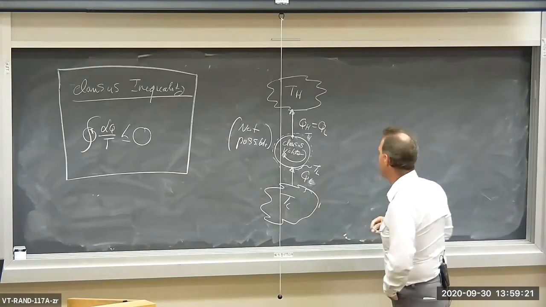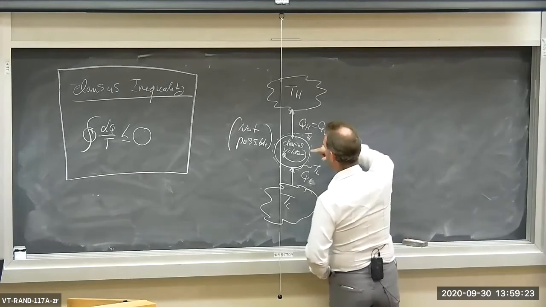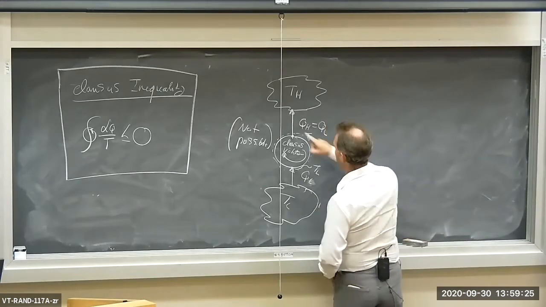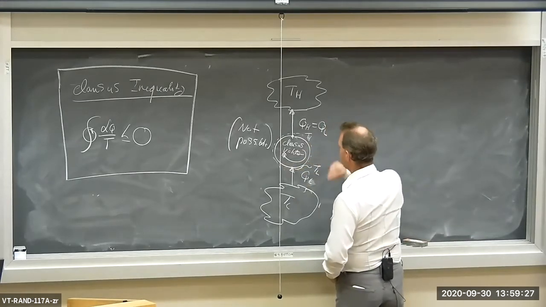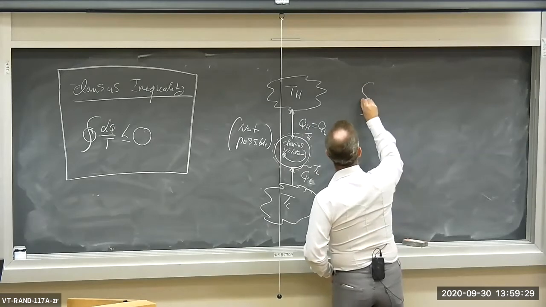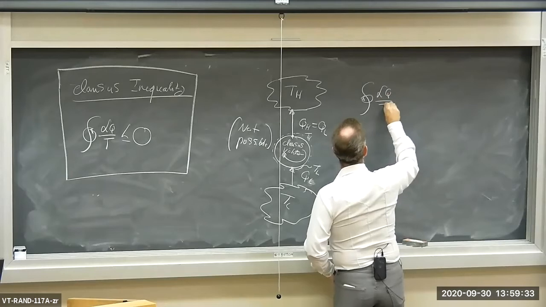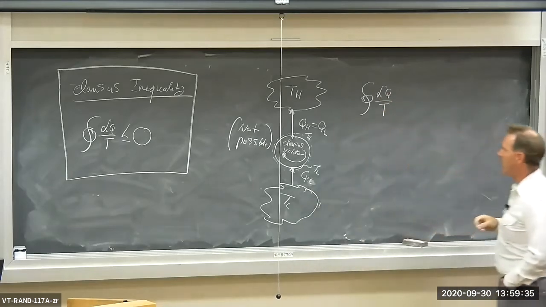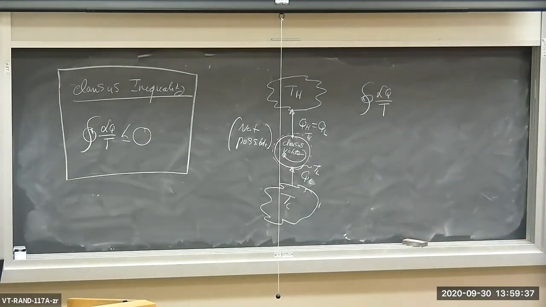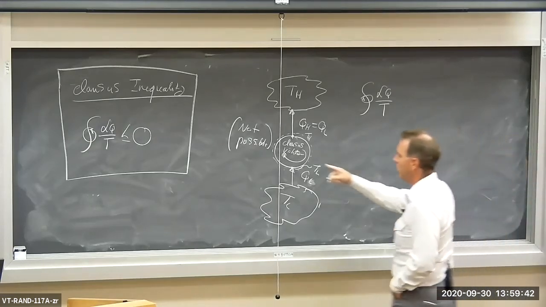So let us evaluate this integral for this device, the Clausius inequality, for the Clausius Violator. So the cyclic integral evaluated, integrating the differential heat transfer over the interaction temperature. Let's evaluate this for this device.